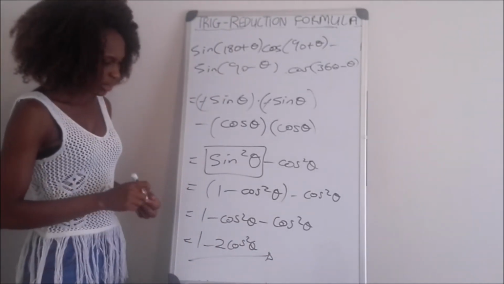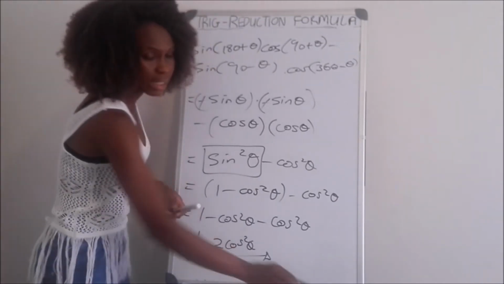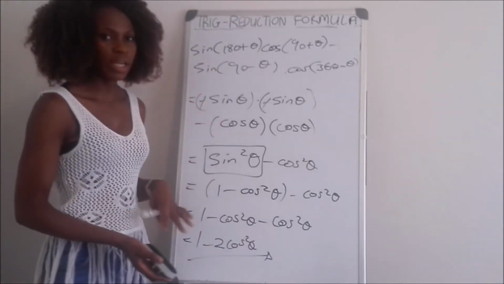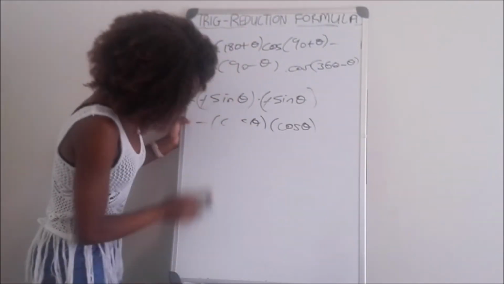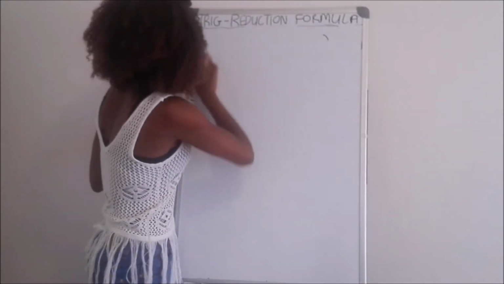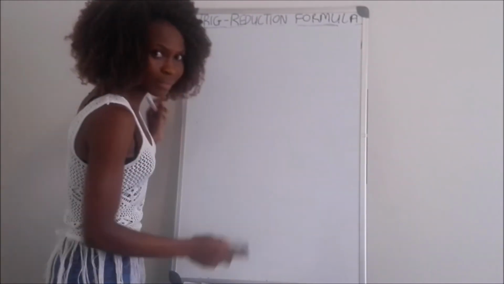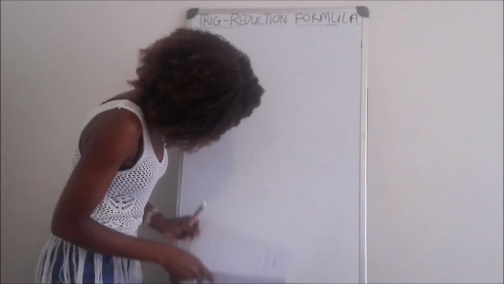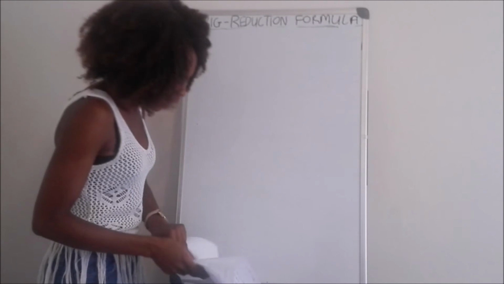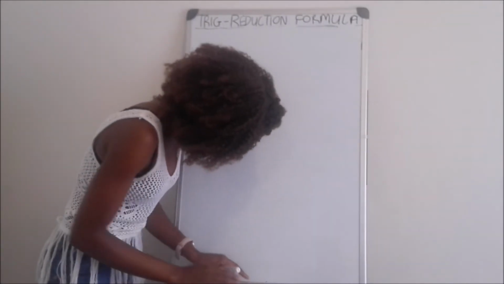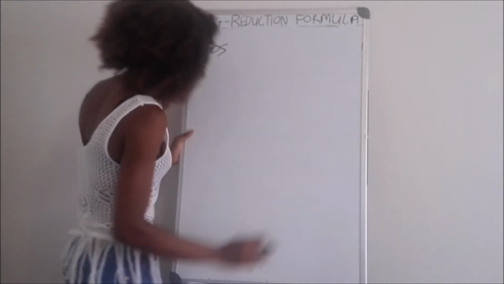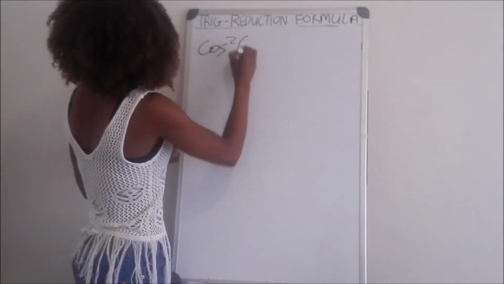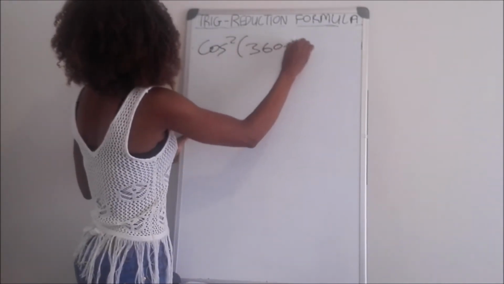Alright guys, let's do another quick example and see how we can solve questions with cofunctions. Just another example, guys, a quick one. We have cos squared of 360 plus theta.